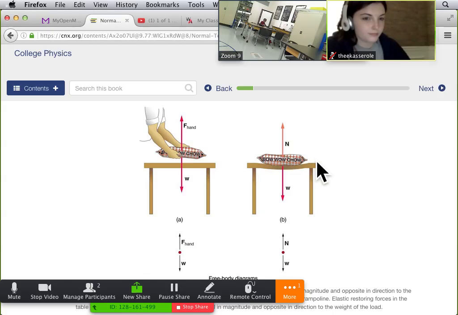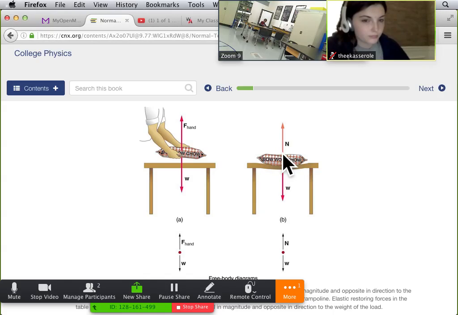There we go. I'm trying to figure out the name of this stuff. I hate saying bow wow chow all the time. It's annoying. But anyway, it feels the weight of this dog food, and it pushes back with a normal force at that point. But the bag actually feels the normal force from the table pushing up on it.